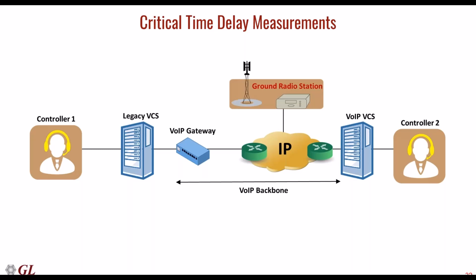GL's critical time delay and voice quality measurement solution is a test suite of equipment designed by GL Communications to emulate endpoints, probe events of interest, calculate the signaling delays, measure voice delays, and assess the voice quality across devices such as voice communication systems, gateways, radios, and other elements in the network, including end-to-end voice quality assessment.